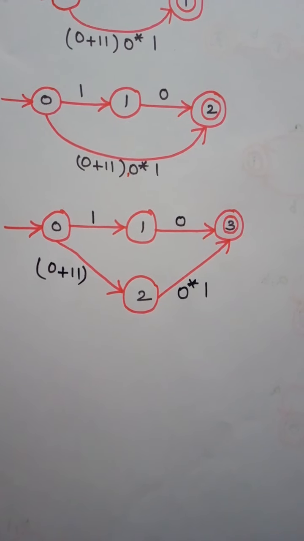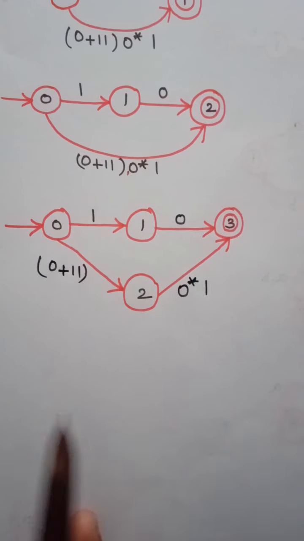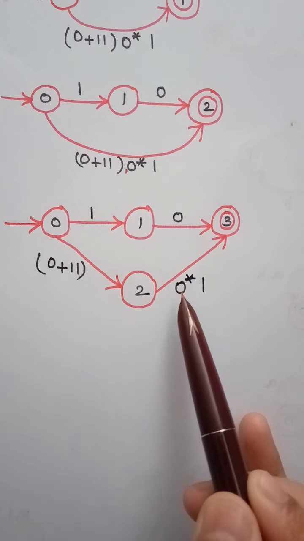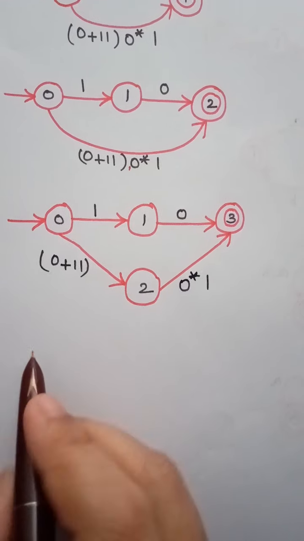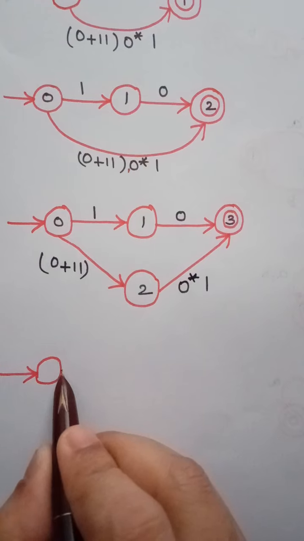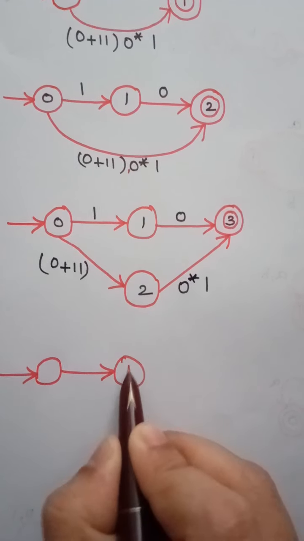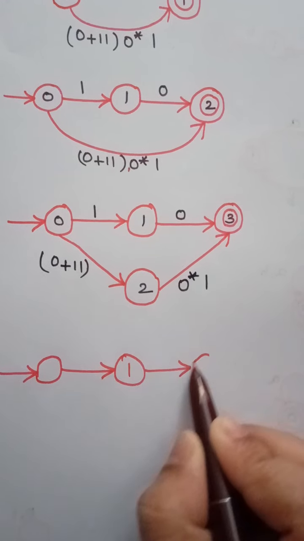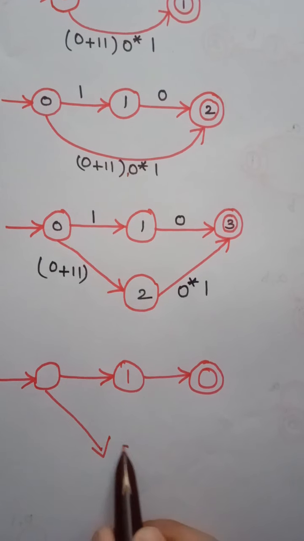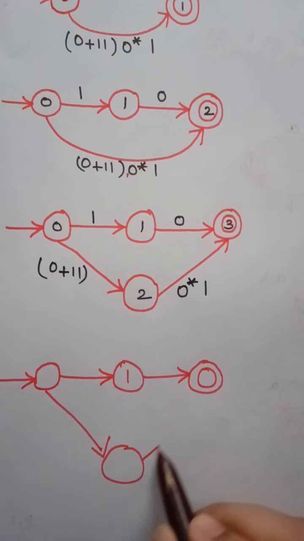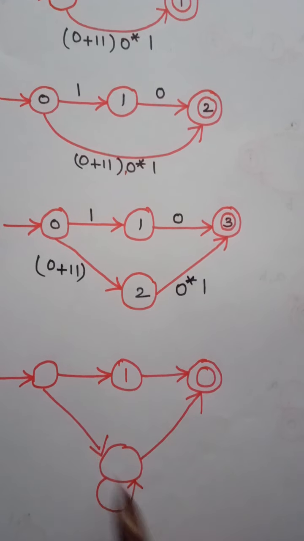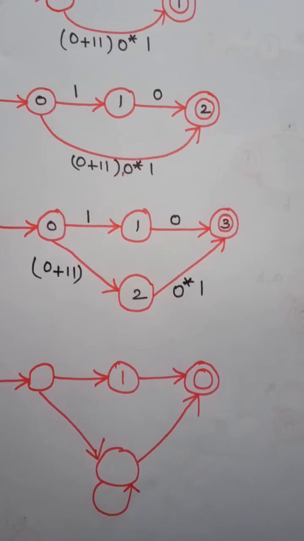Now first I'll complete this closure. We know what we have to do when we have closure. The same thing will happen if we have closure, and the transition will occur like this.